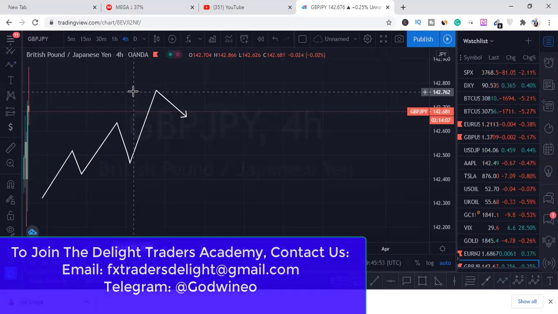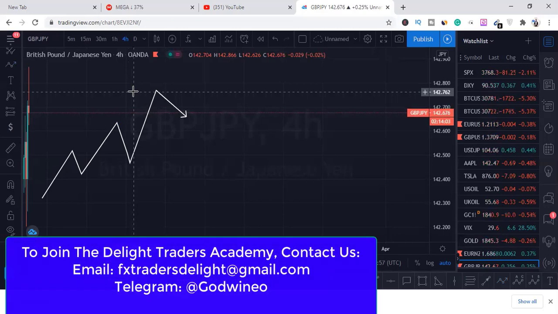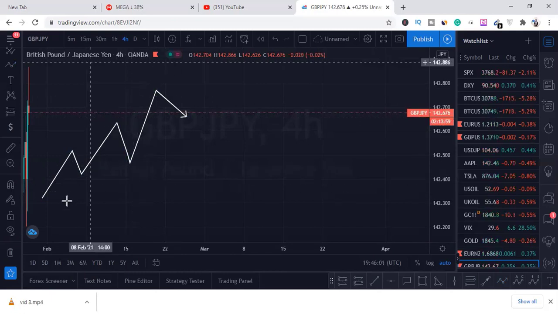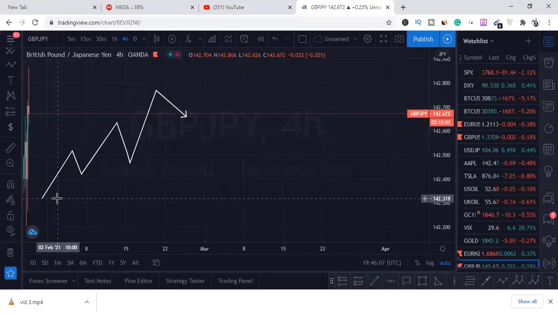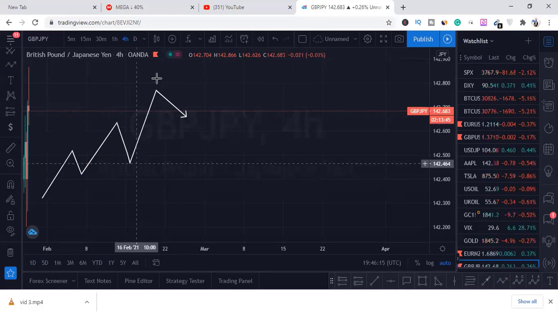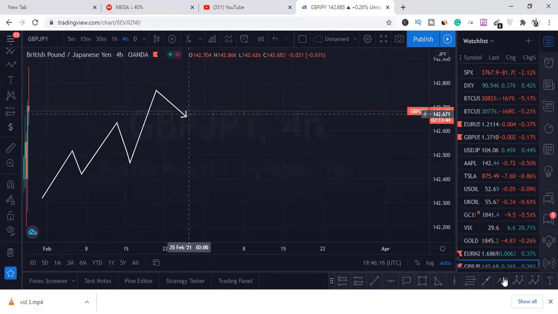You can find these structures in any time frame, but the higher time frame actually controls more of the lower time frame. So we can put together that this market is an uptrend. Why? Because there's a consistent creation of higher highs, higher lows, higher highs, higher lows, higher highs, and higher lows.